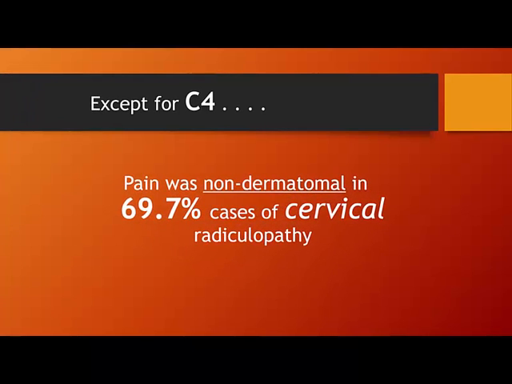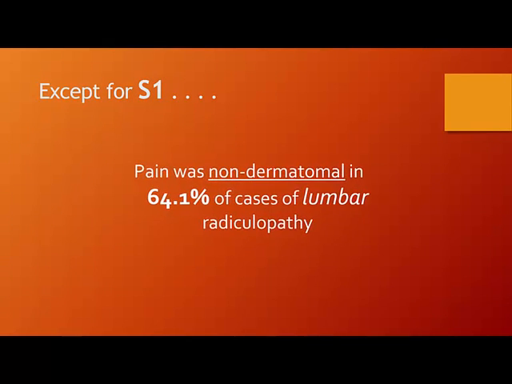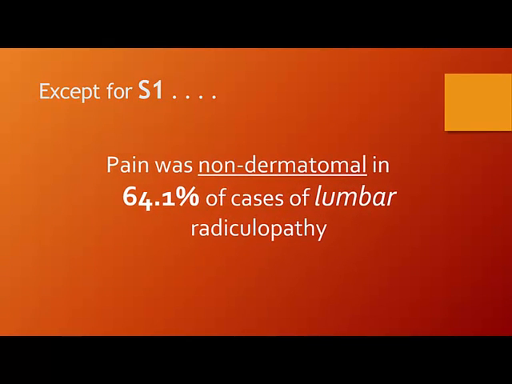For the cervical spine, except for C4, pain was non-dermatomal in 69.7% of cases of cervical radiculopathy. And for the low back, except for S1, pain was non-dermatomal in 64.1% of cases of lumbar radiculopathy. We'll see why S1 is the exception later.